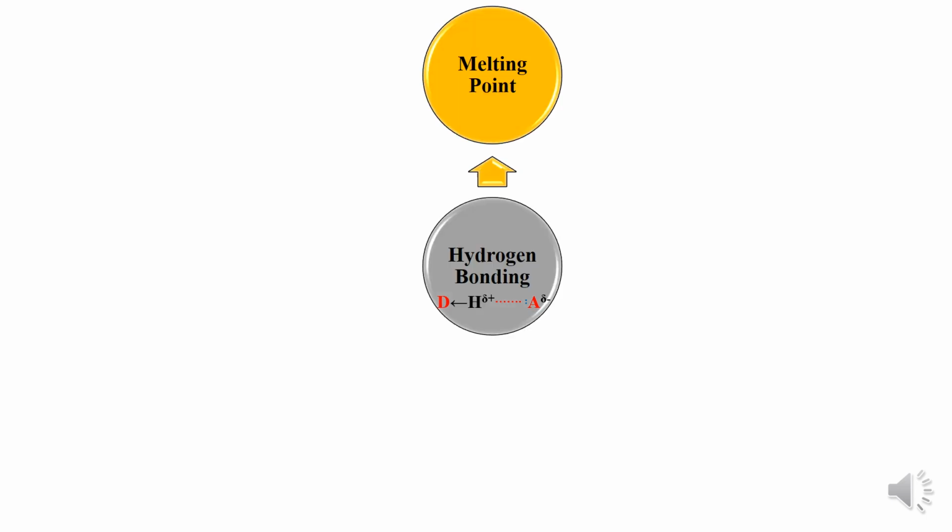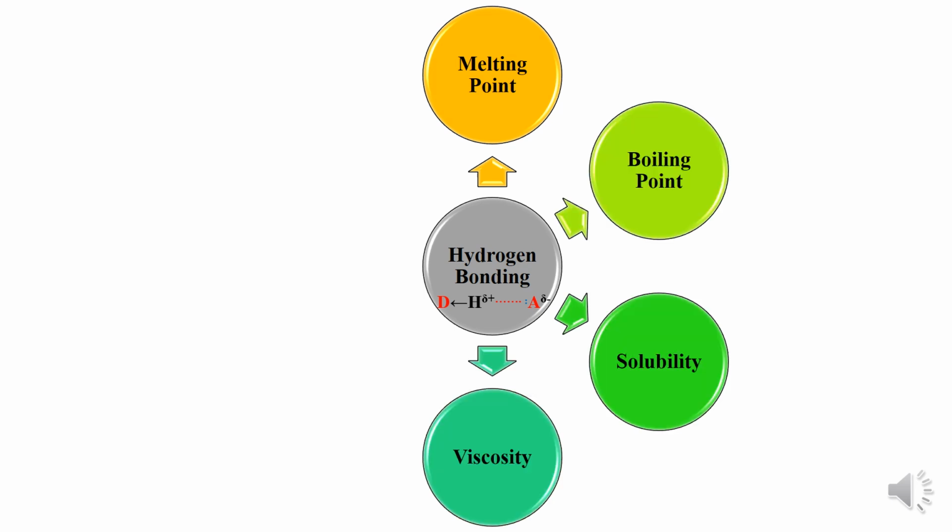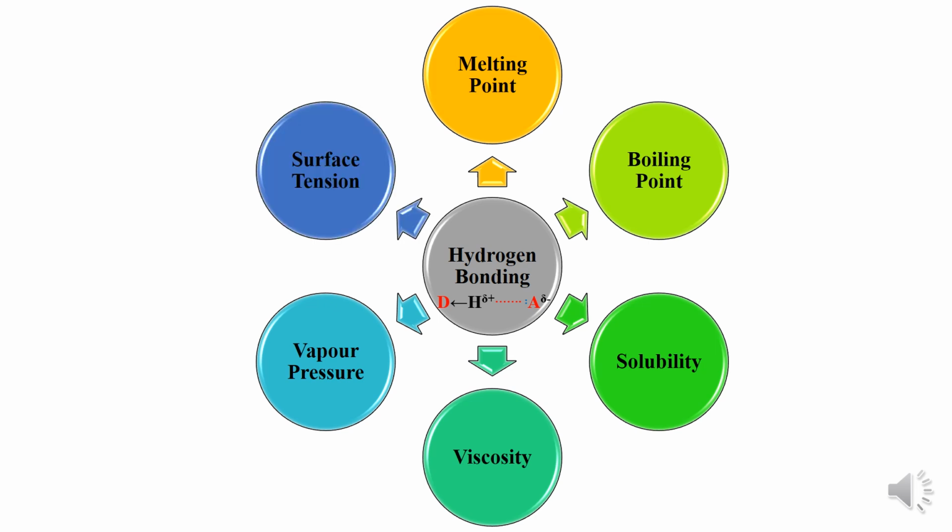Hydrogen bonding influences the physical properties of molecules like melting point, boiling point, solubility, viscosity, vapor pressure and surface tension. There are two major types of hydrogen bonding that influence these physical properties.